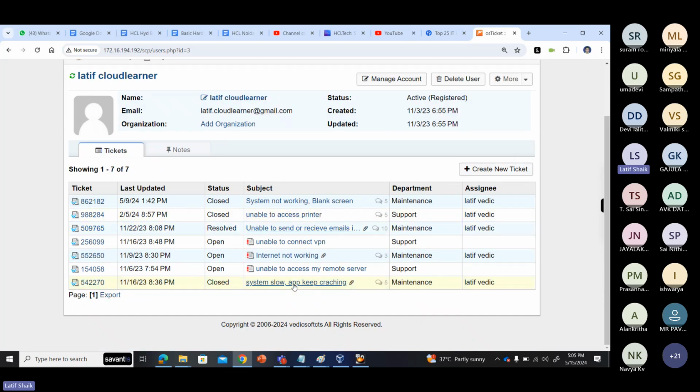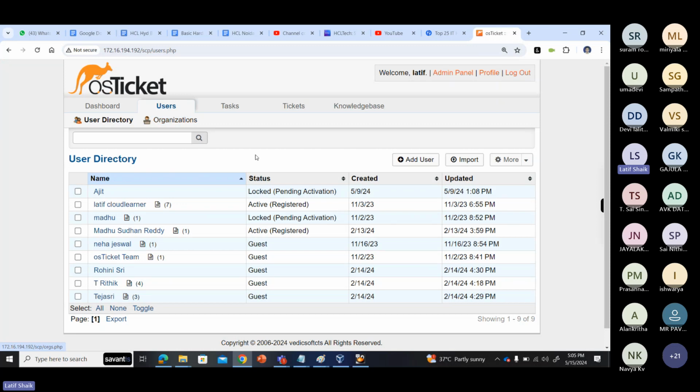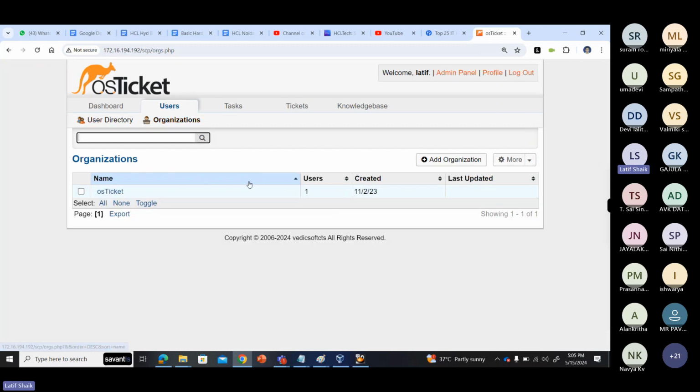If you see, this particular user raised 7 issues and these are all assigned to this specific user. Okay. He raised 7 issues. This is the user directory, organization to which organization I am going to support.